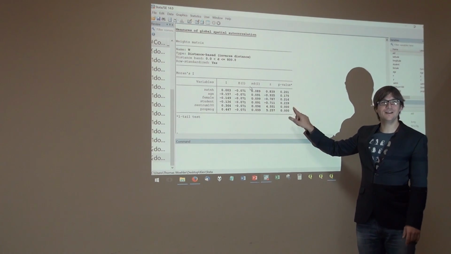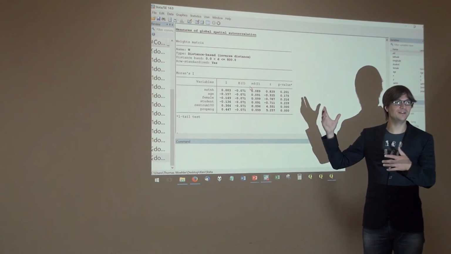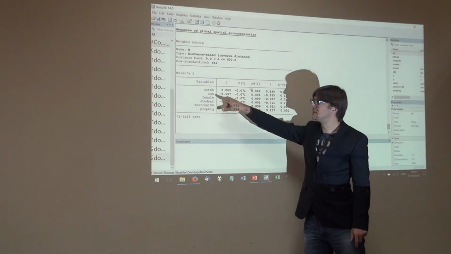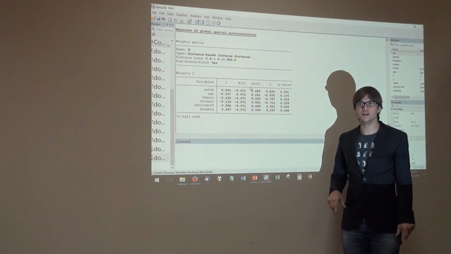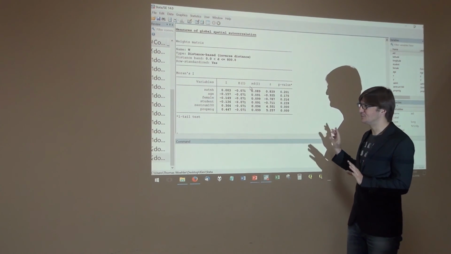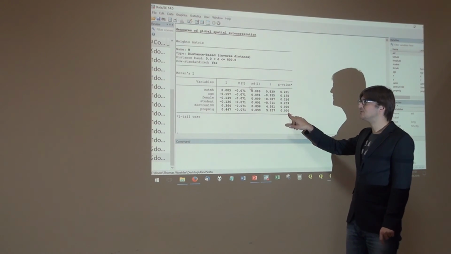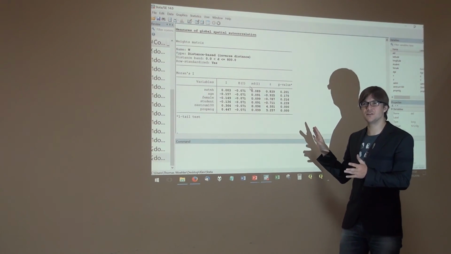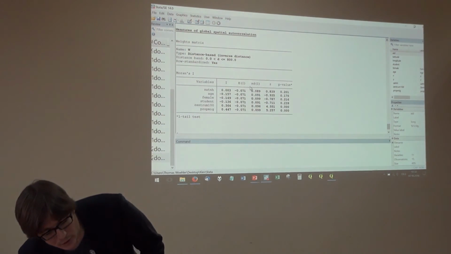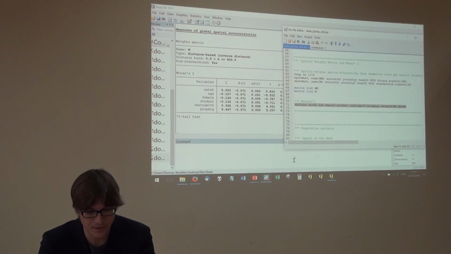But this is only for these 15 observations that we have. In our data set it could be very, very different. For example, for satisfaction with the neighborhood, there should be some kind of spatial autocorrelation. If there wasn't, I would be suspicious of my data. So this is how you calculate Moran's I, and then you're good to go. So it's not so complicated.